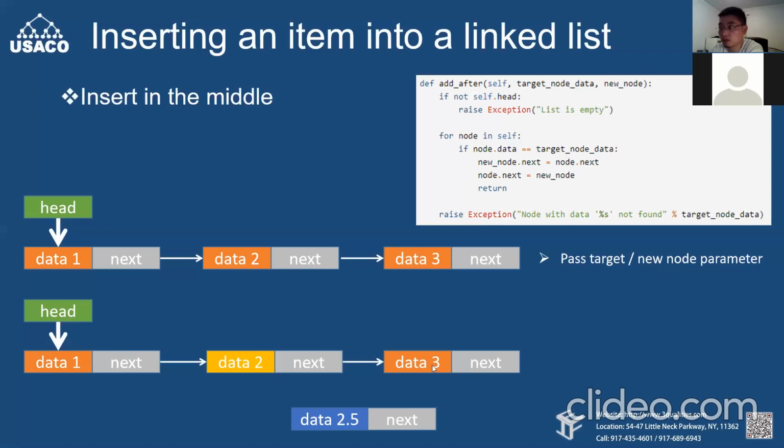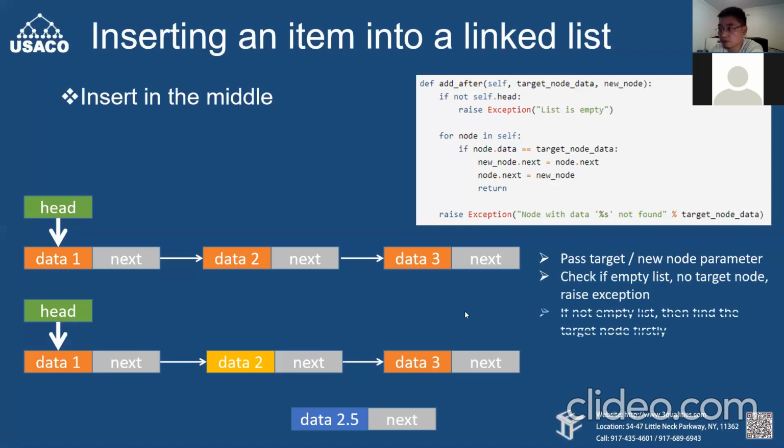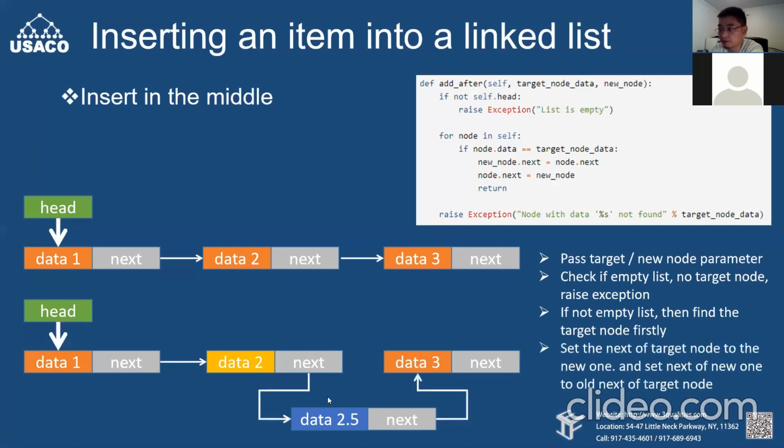And then I make the second node.next equals new node. Look at the diagram. If not empty, find the target node first. Then break the existing next reference from node 2 to node 3.